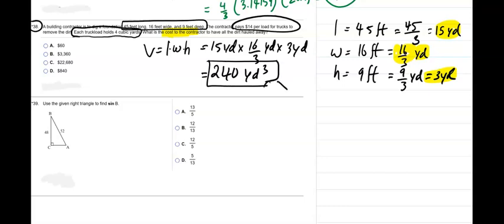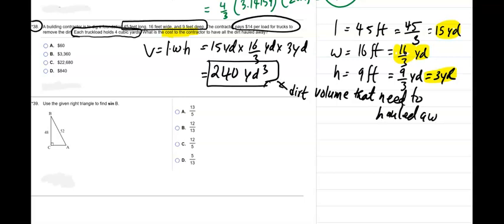This is the volume of the dirt that needs to be hauled away. So I know that I have to haul away 240 cubic yards of dirt.